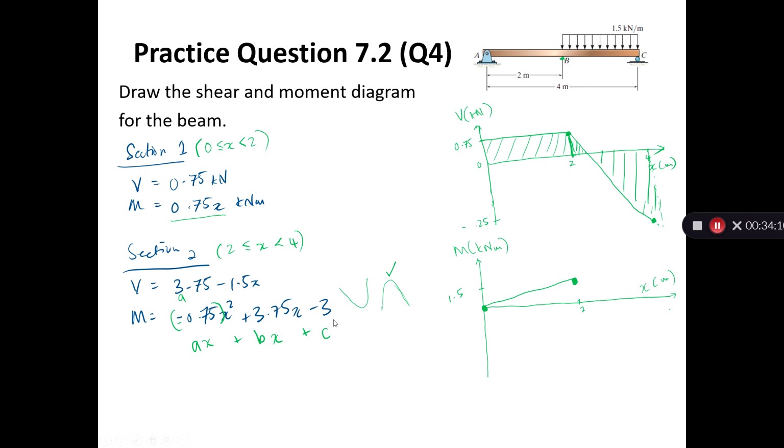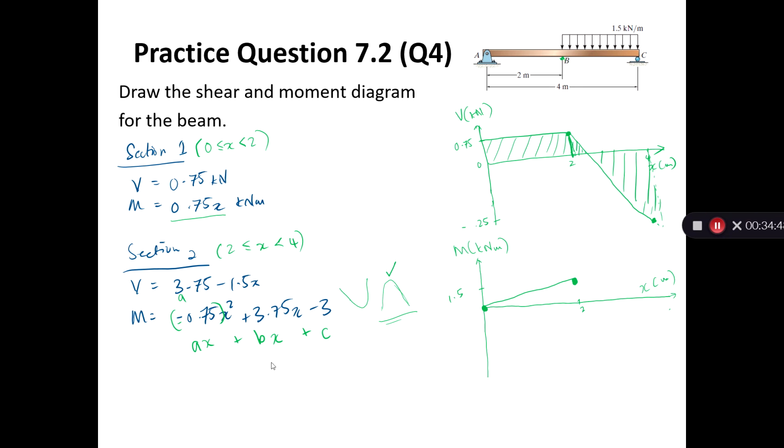Alright, and of course I think you've learned in mathematics that the x-intercepts are given by the roots of the function. We don't have to find that. You can, but we don't have to. What you can do instead is just find the peak, the vertex of the curve, because we know it looks like this. How is it going to fit on our graph? So I just want to find the vertex.